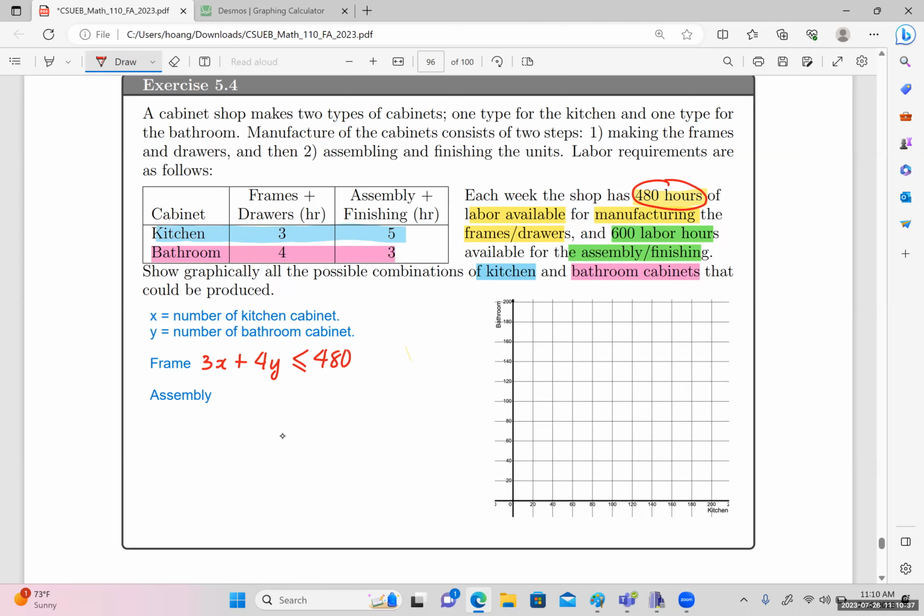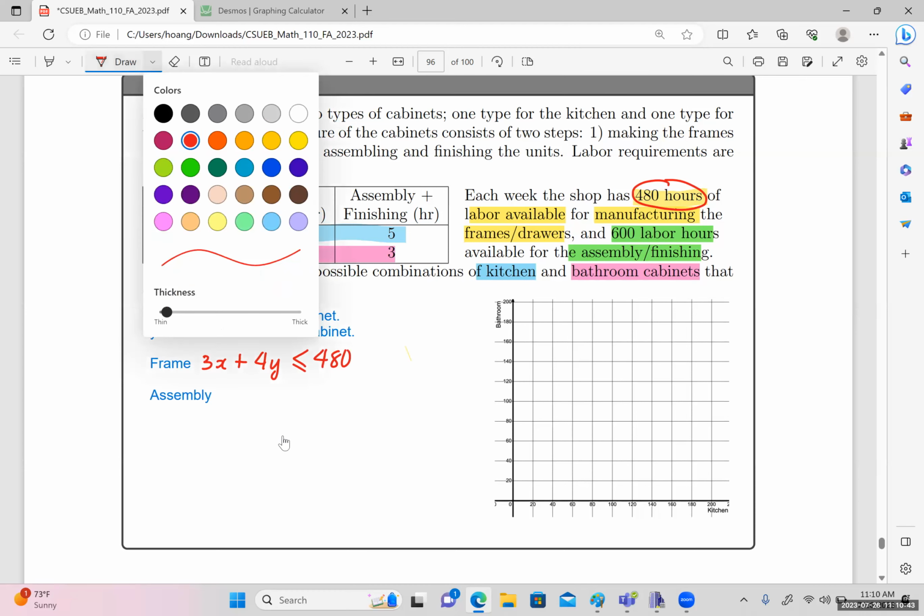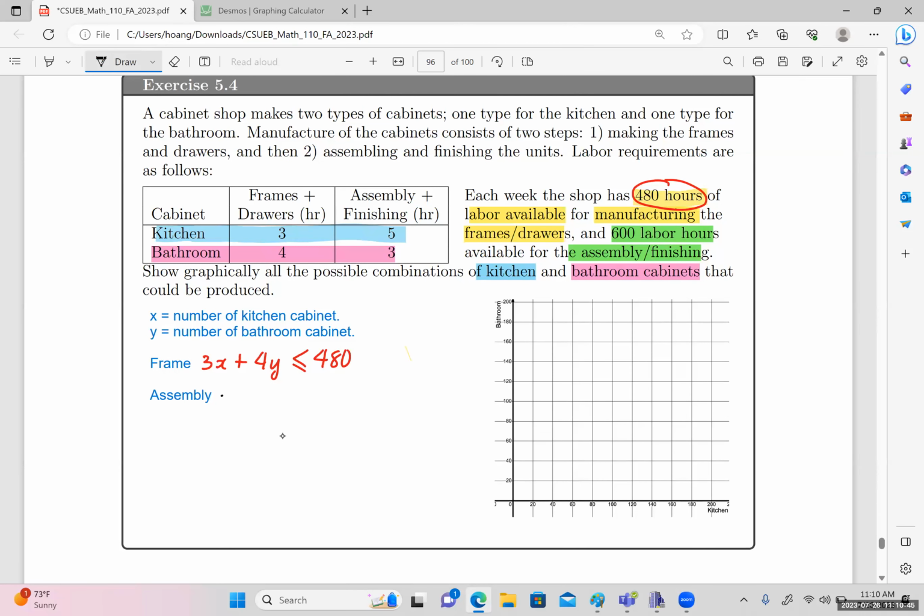For assembly, I use another color. You will have 5x plus 3y less than or equal to 600.